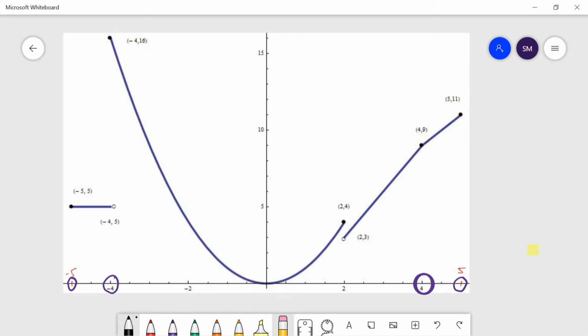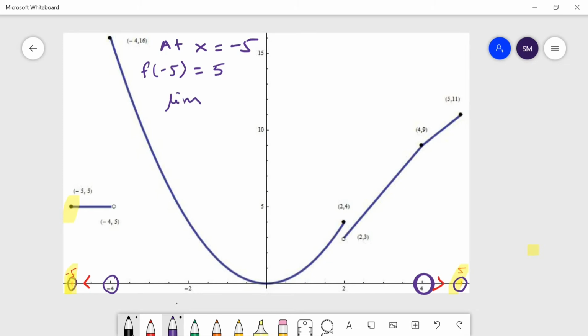Now the next case is the endpoints -5 and 5. Let's take -5 first. f of -5 is defined and the value is 5. In this case you take only the right hand limit.